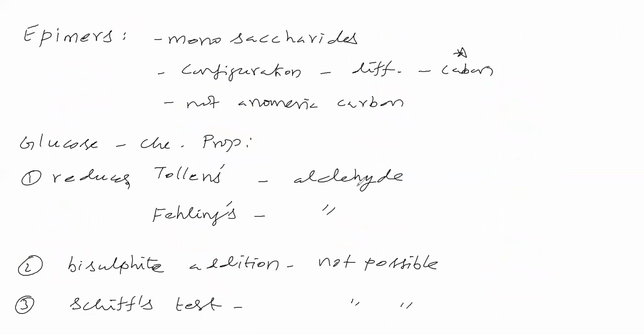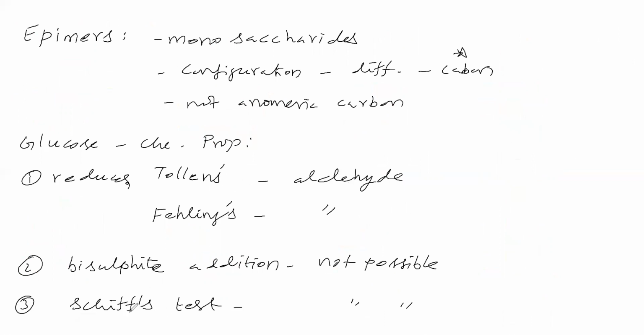This indicates glucose has an aldehyde. Similarly, Fehling's. Glucose is not showing Schiff's test. That means in glucose, the aldehyde group is not there. Glucose reduces Tollens reagent, which says that glucose contains an aldehyde.